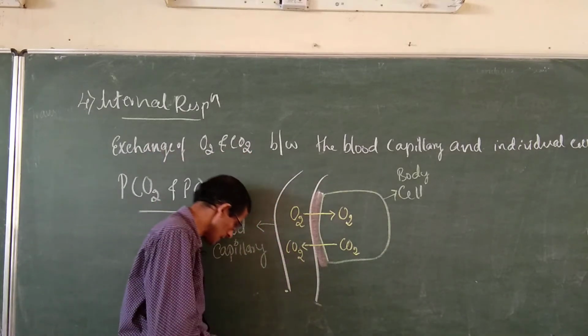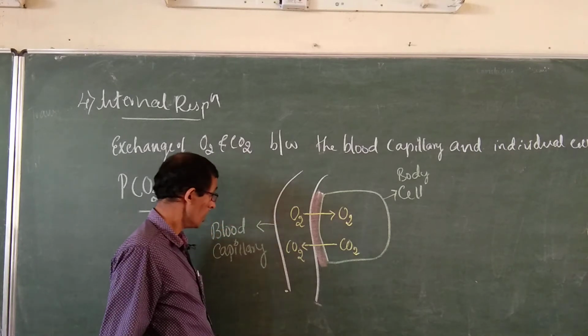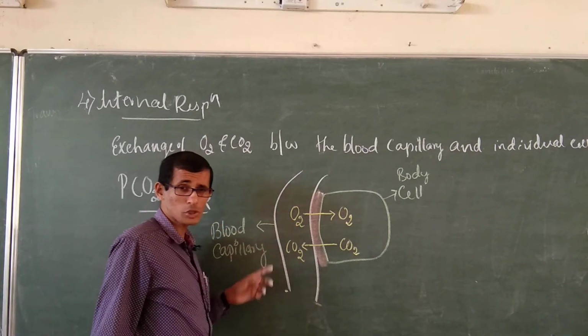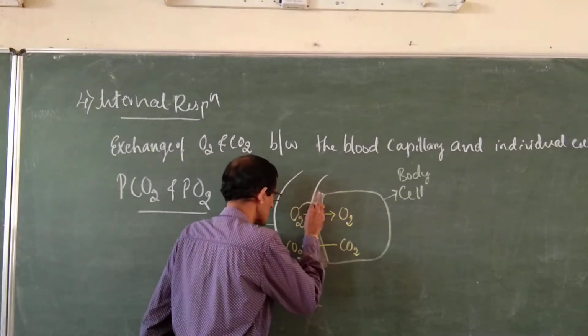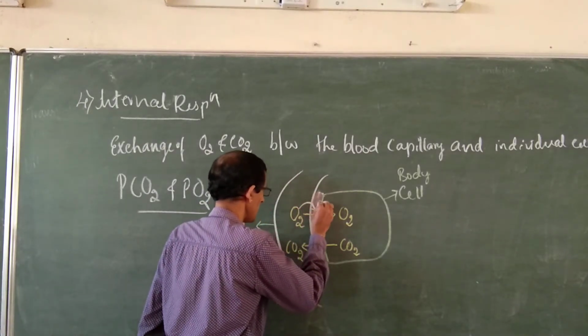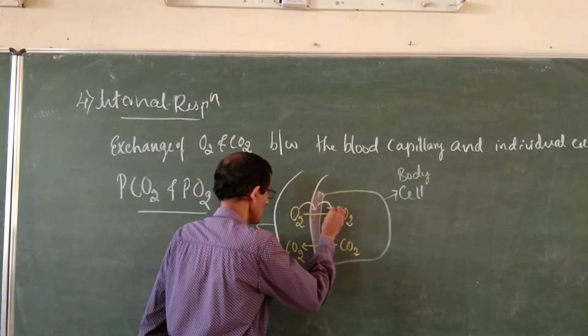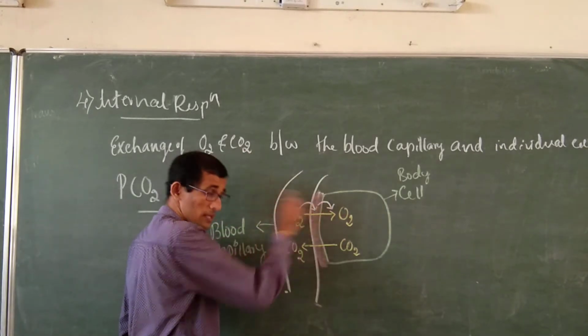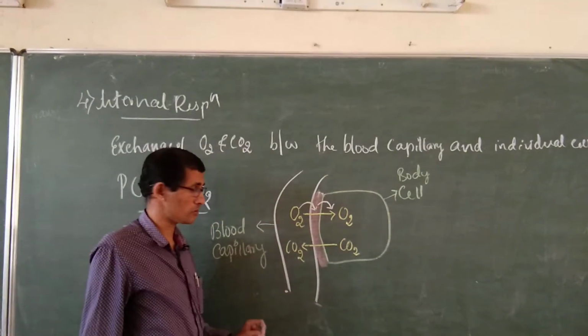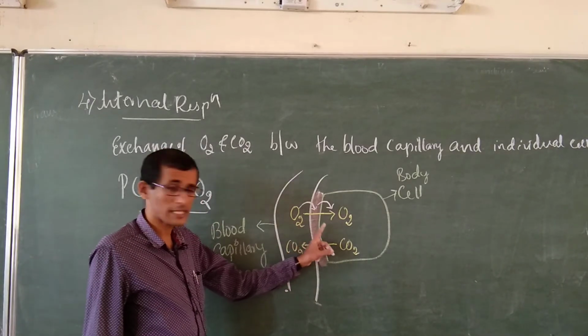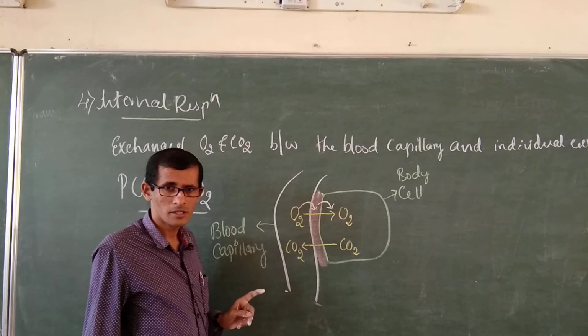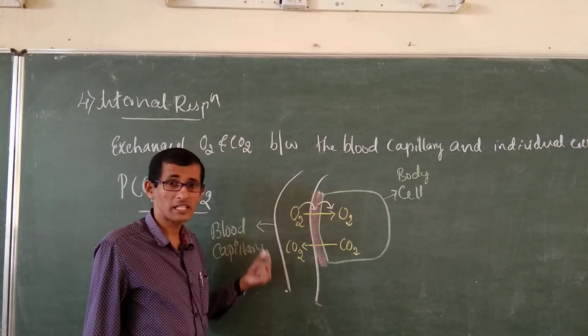And here oxygen is going to be diffused from the blood capillary once to this gap and from there once again to the cell. ನಾನು ಇಲ್ಲಿ ಡೈರೆಕ್ಟಿಗೆ ಬರೆದರೂ ಕೂಡ ಅದು ಕಾನ್ಸೆಪ್ಟ್ ಹೇಗಾಗುವುದಂದರೆ, there is a gap between the blood capillary and the individual cell. That gap is filled with lymph.